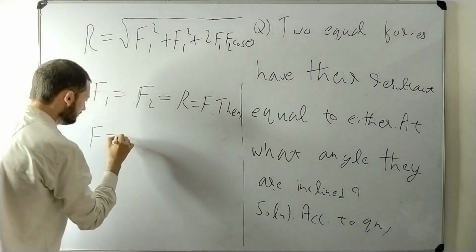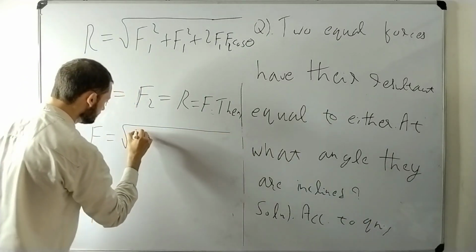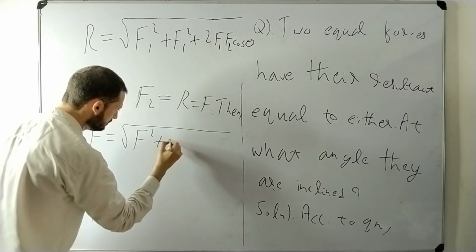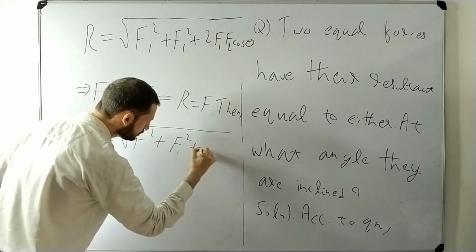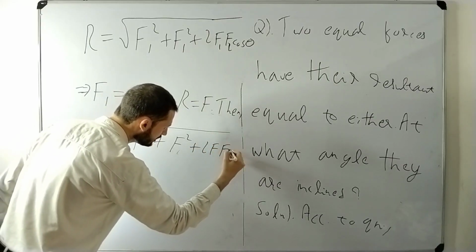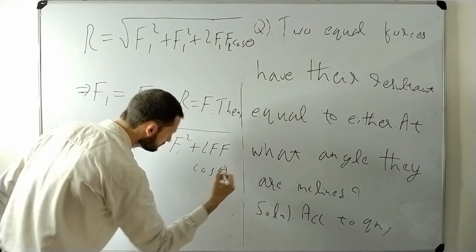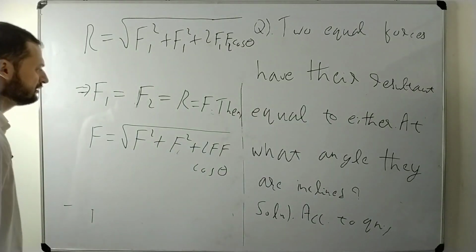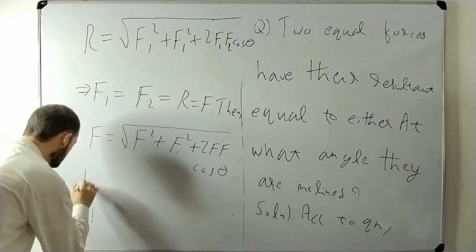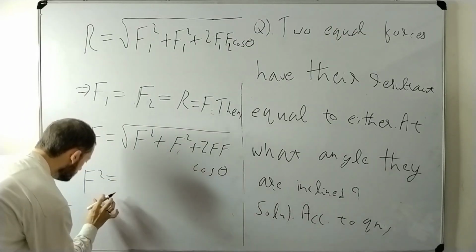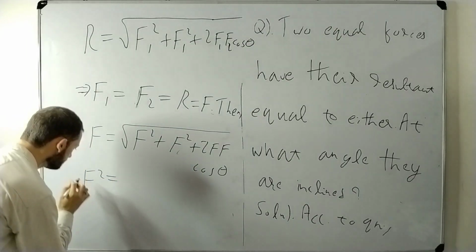Then the resultant force F is under root F square plus F square plus 2F square cos theta, right student?